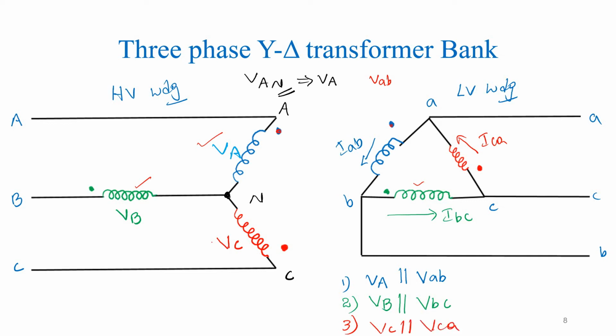Based on these relations, we are going to get the phase shift with respect to the positive as well as the negative sequence components. I hope up to this it's clear. One thing you should remember: whichever windings are represented in the same color, those two windings are parallel to each other, and the quantities we measure across those windings will be in phase with each other.